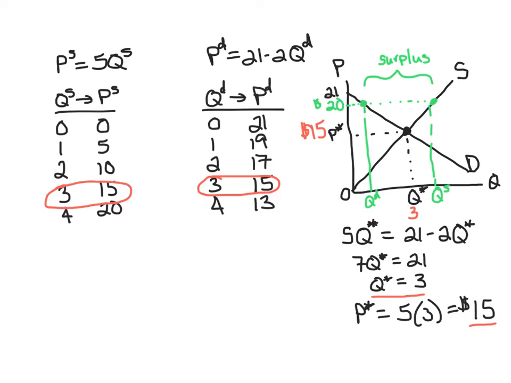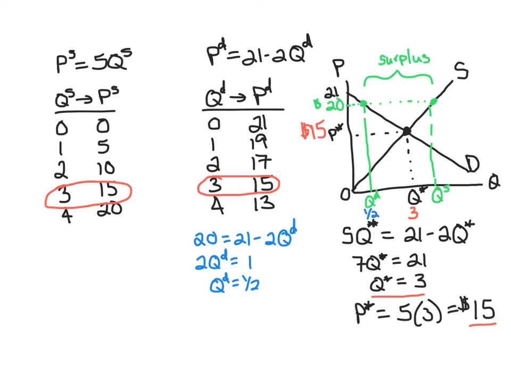When we plug $20 into our demand curve and solve, we get 2QD equals 1, QD equals 1/2. So this quantity over here is 1/2, right?